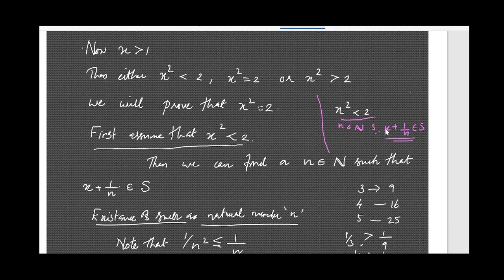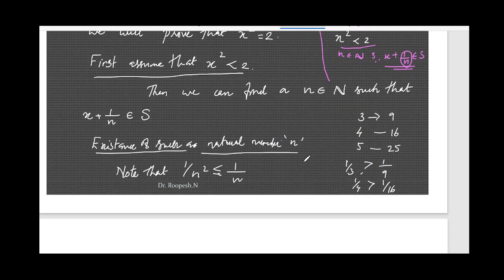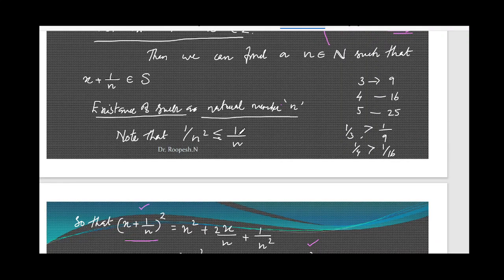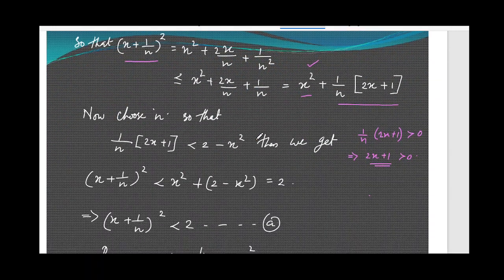So once you are getting x plus 1 by n belongs to S, which implies x is not an upper bound itself. So we will get a contradiction. Now how to find this 1 by n was explained here, the existence of the natural number n.